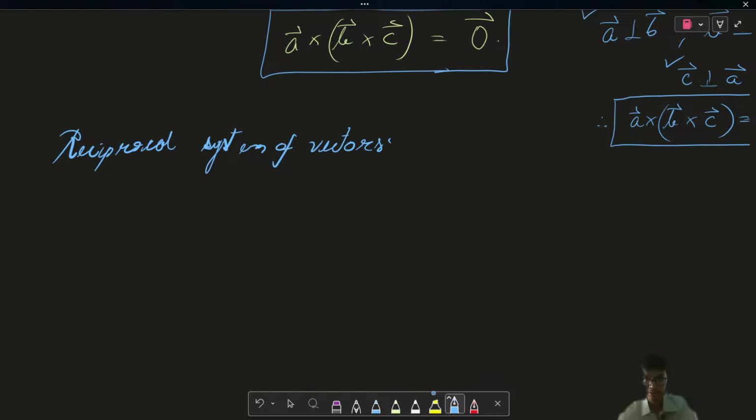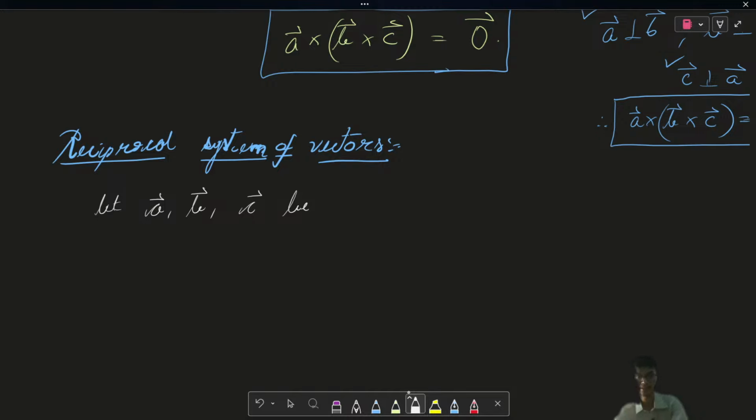Let us try to see what we mean by a reciprocal system of vectors. So let us say that I have three vectors, A vector, B vector and C vector, be the three vectors.